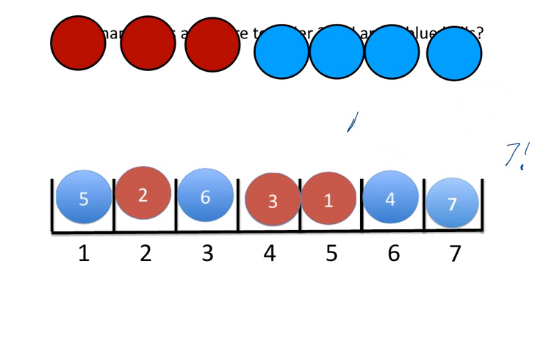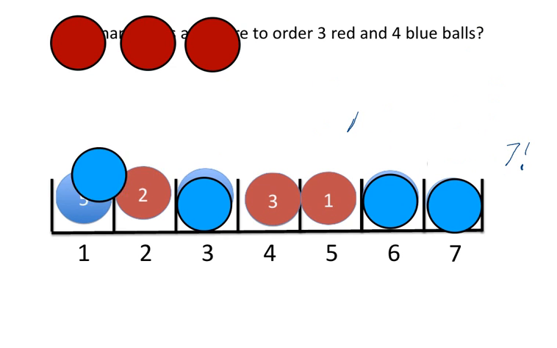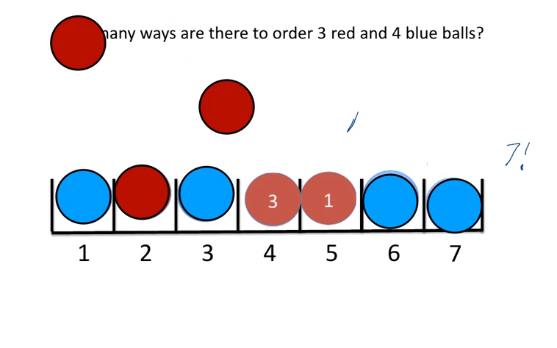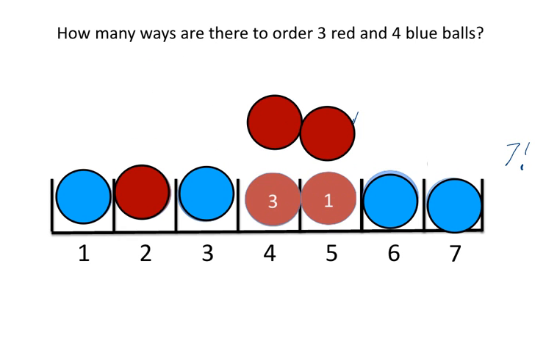Okay? But now we want to say, actually, these numbers that we put are not significant. Really, we have these balls to cover the bins, and the order within each color doesn't really matter. Again, when we cover this, it doesn't matter if it's 1, 3 or 3, 1.